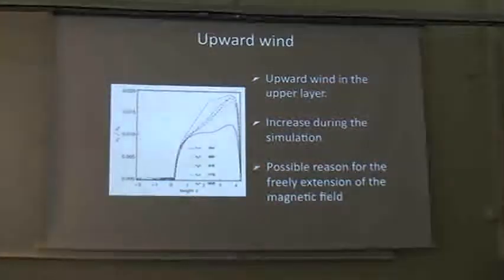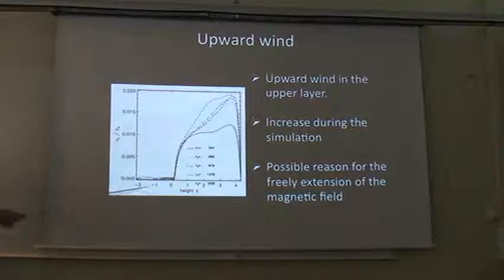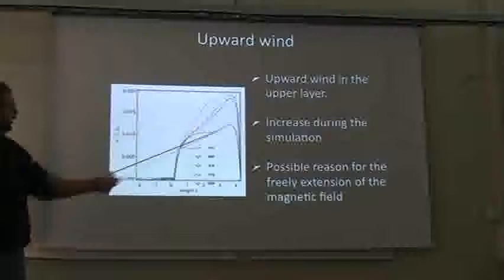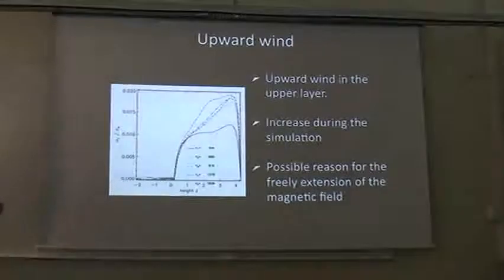What you also see is an upward wind acceleration. He has plotted the z value and the velocity in the z direction, and you see that in the lower layer there is basically nothing, but in the upper layer you have high velocity, and it always goes higher, so you get a wind which goes to the upper layer and increases with time.